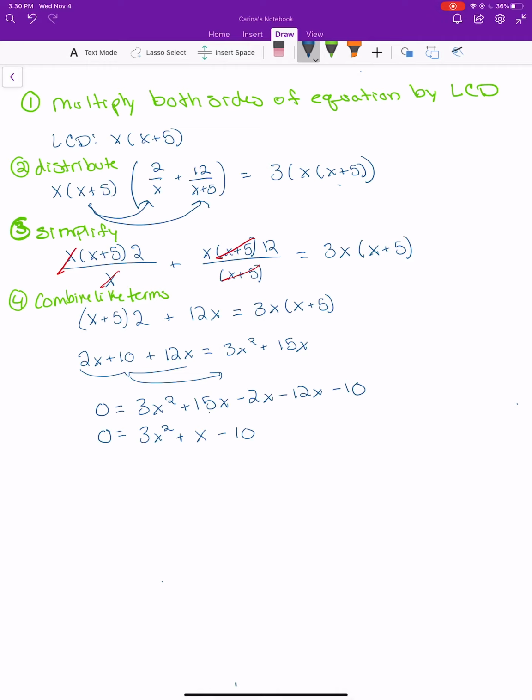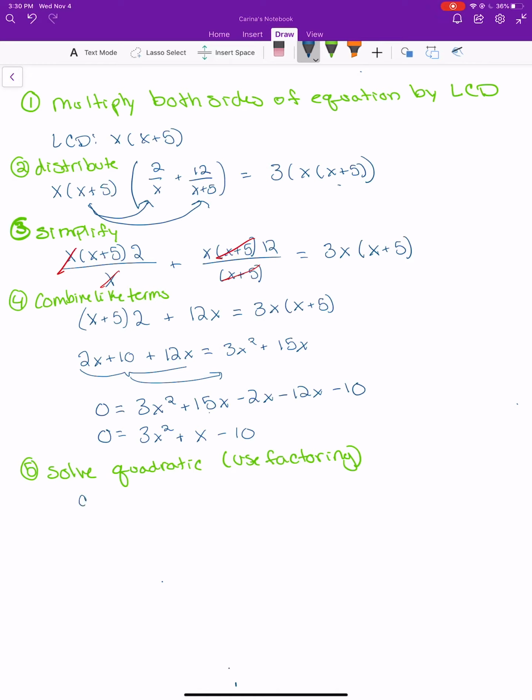We have this coefficient, so solve quadratic. Use factoring, right? And in this case, we have to use factor by grouping.